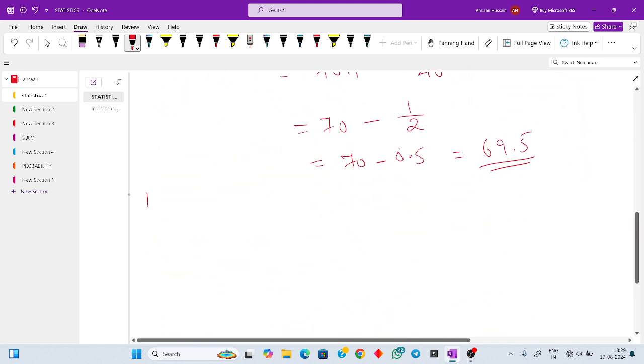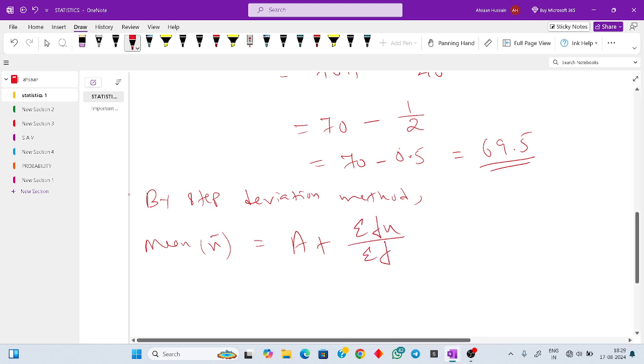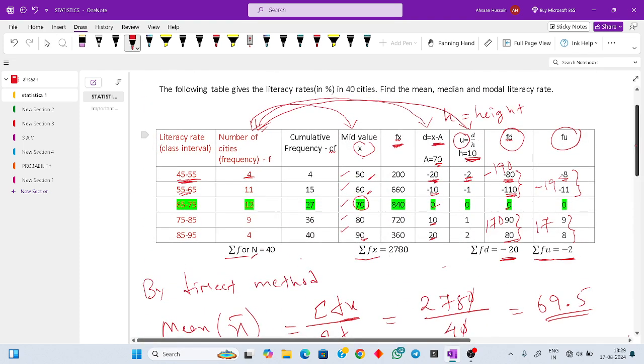Now by the step deviation method, mean x bar equals a plus summation fu by summation f multiplied by h. Why do we need to multiply by this h? Because we have divided each observation by h, isn't it? For example, this negative 20, we have divided by 10.